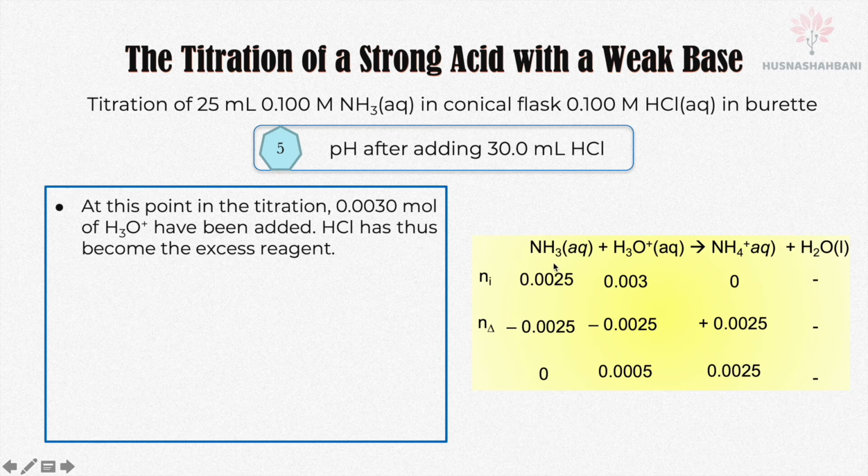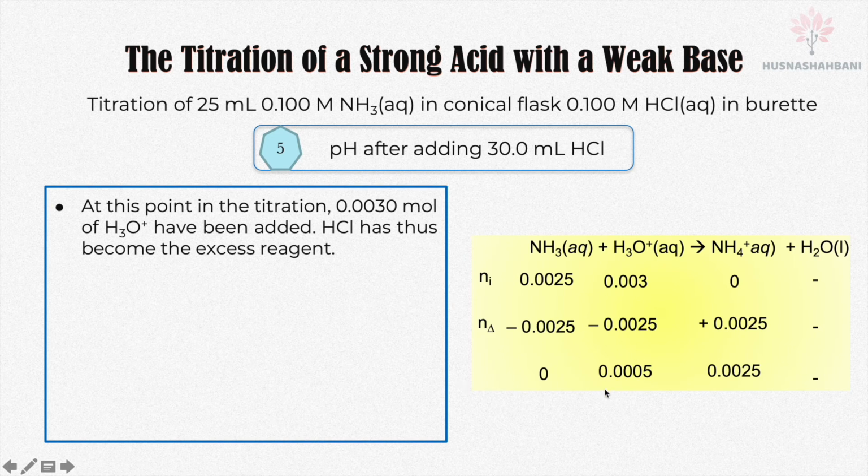So only 0.0025 mole of NH3 will react with 0.0025 mole H3O plus, because this is the limiting reactant. Reactant will decrease, product will increase. And then there is no more weak base in the conical flask after this neutralization reaction of 30 ml HCl.